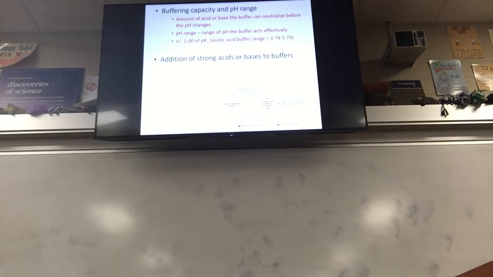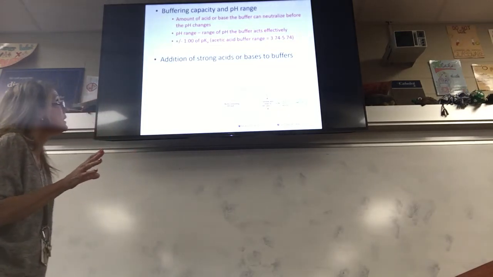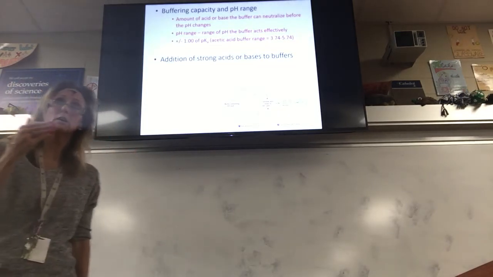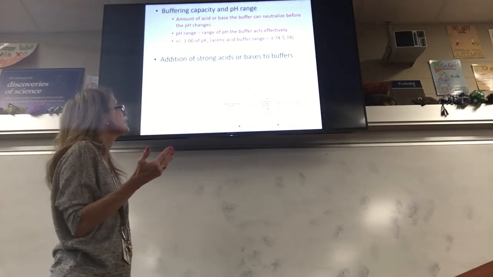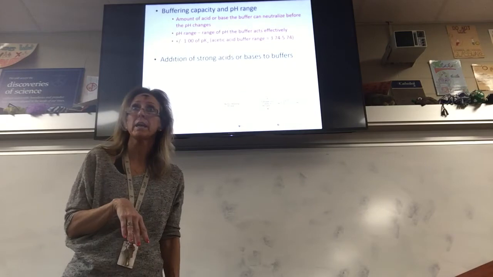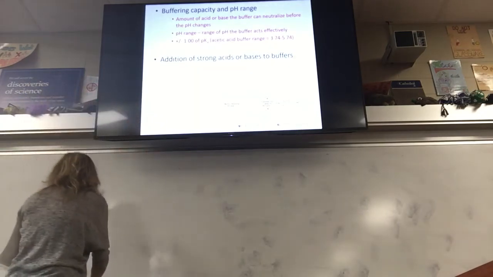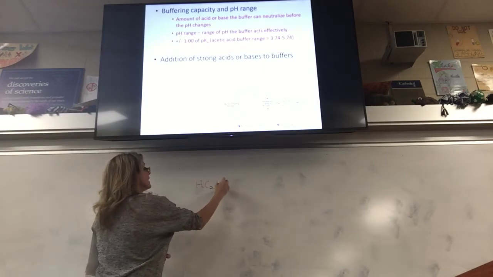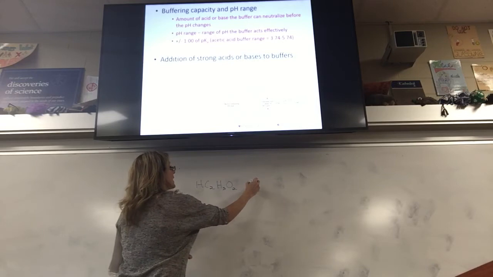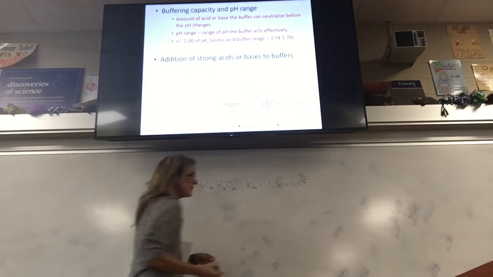So typically the way we can calculate the pH range of the buffer is it will work within plus or minus 1 pH value of its pKa. So for acetic acid, the Ka is 1.8 times 10 to the negative fifth.